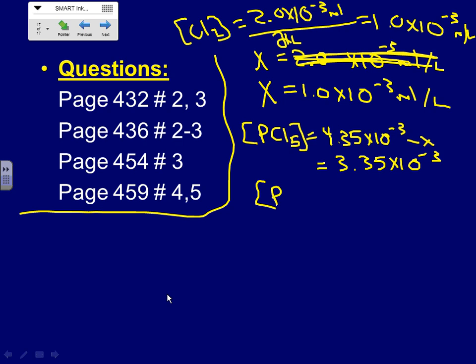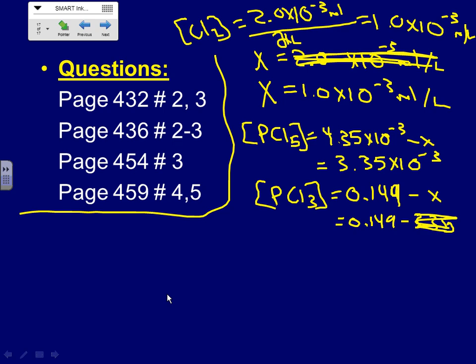And concentration of PCl3 was what? 0.149 minus x. 0.149 minus 3.35.